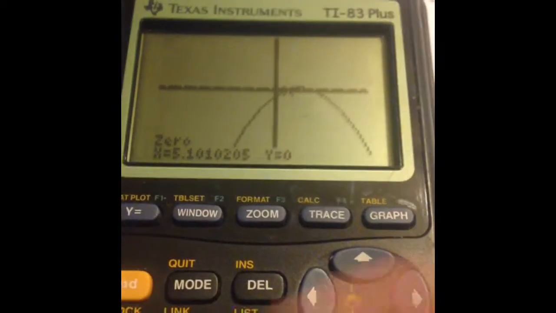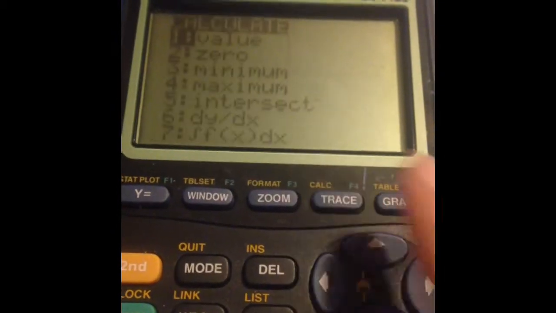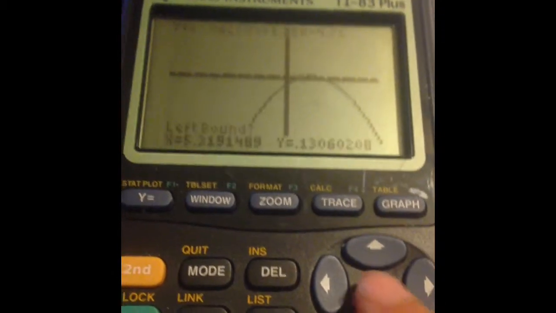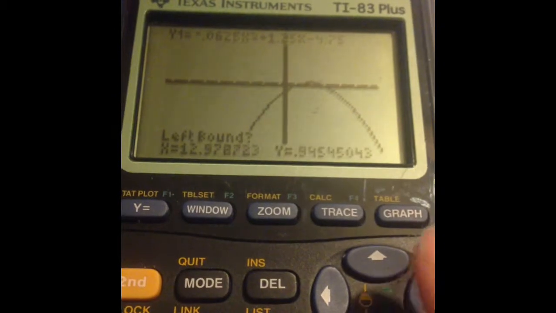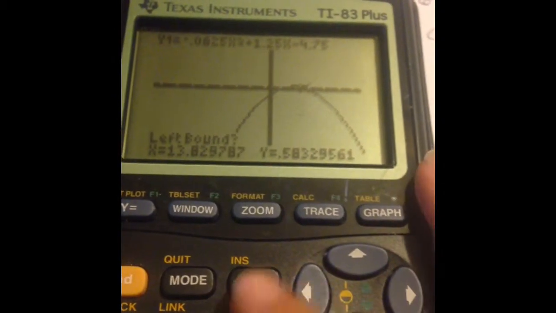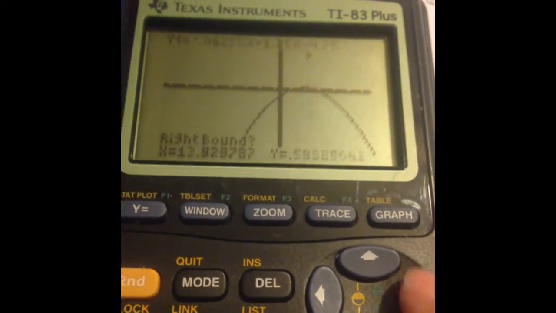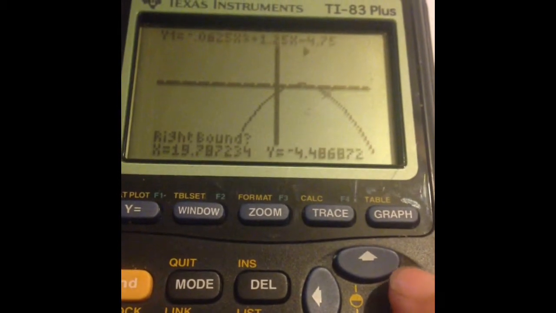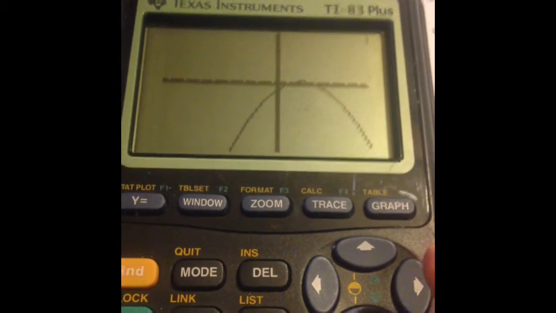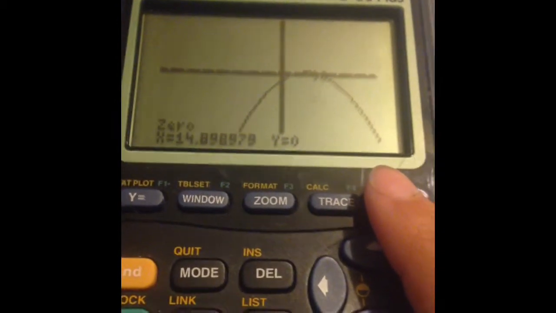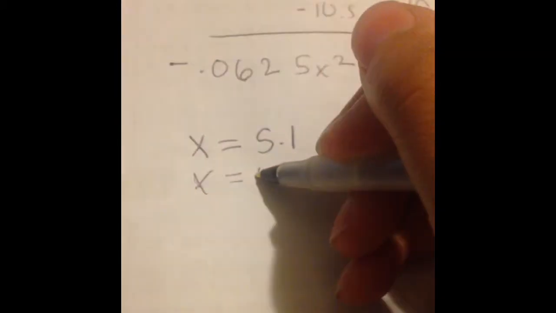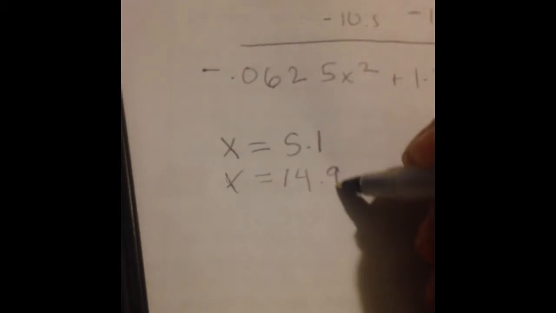Next, we're going to do the same thing, so second, trace, down to 0, go left bound of this side, so like right here, enter, right bound, right here, press enter again, it's going to guess, jumps right down to 14.9 basically. So we're going to get x equals 5.1 and x equals 14.9.